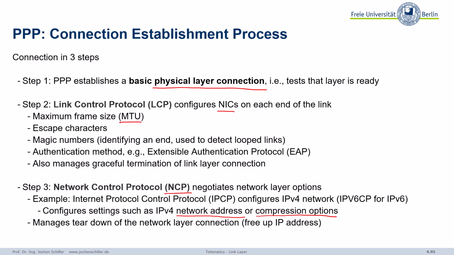We'll have a closer look into this when we come to layer 3, and there are also some procedures to tear down the network layer so that we free up the IP addresses. So PPP provides mechanisms for the physical layer, the link layer, and the network layer to configure everything, to set up the connection.